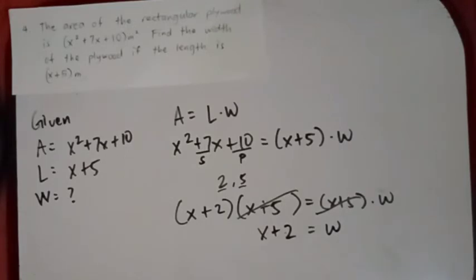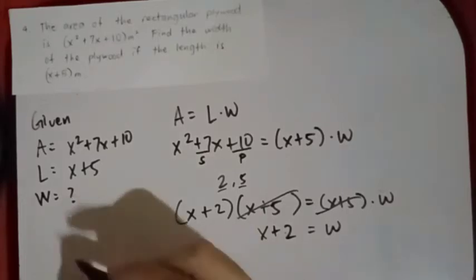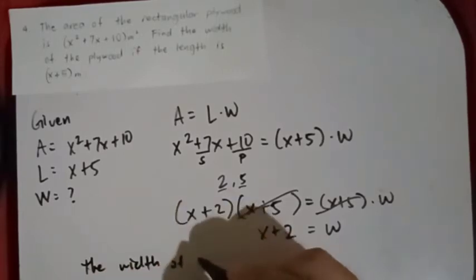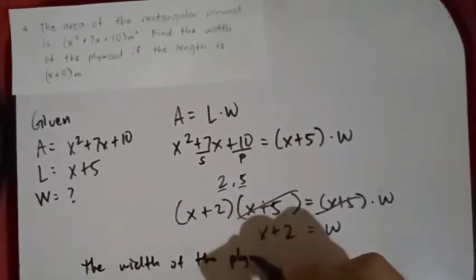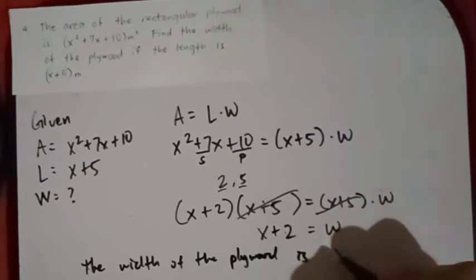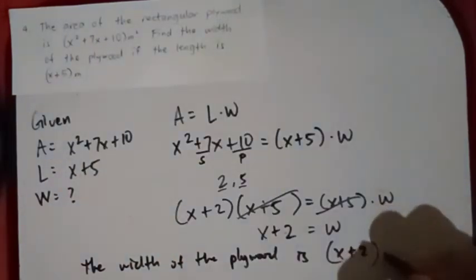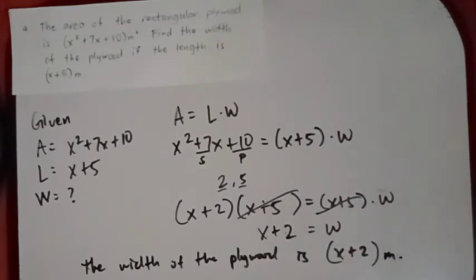So, the width is x plus 2, and this is the answer to our problem. So, the width of the plywood is x plus 2, and our unit is meters. Okay, so this is the answer.